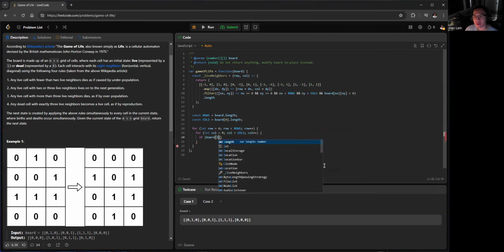So if we have a live cell at row and column, which means it is a one, it only dies if it is under population or overpopulation, right? So we need to get live neighbors equal to live neighbors, considering the row and the column, of course.